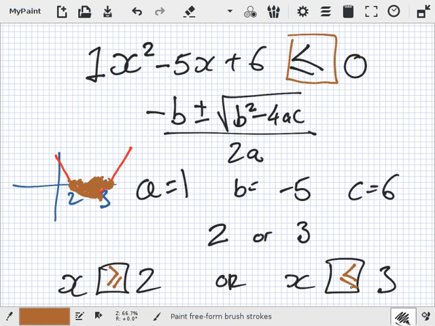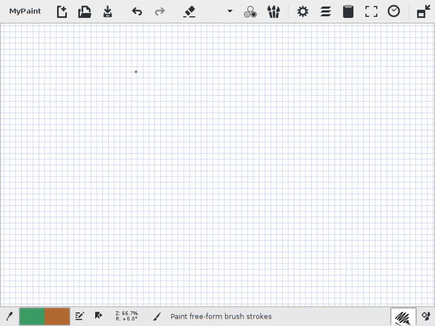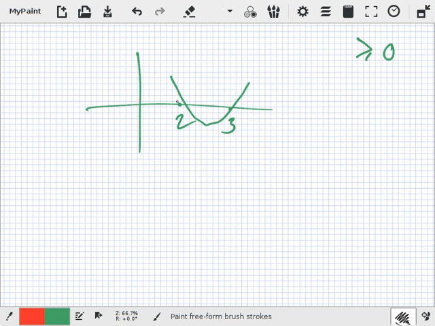You might be wondering, how does it work if it's the other way, if it's more than? Okay, so I'll just, for a moment, go onto the side really quickly. If it was more than 0, I'm looking for here and here, because I want above. Okay, so if I'm at 2, do I want to be more than or less than 2? I want to be less than 2.